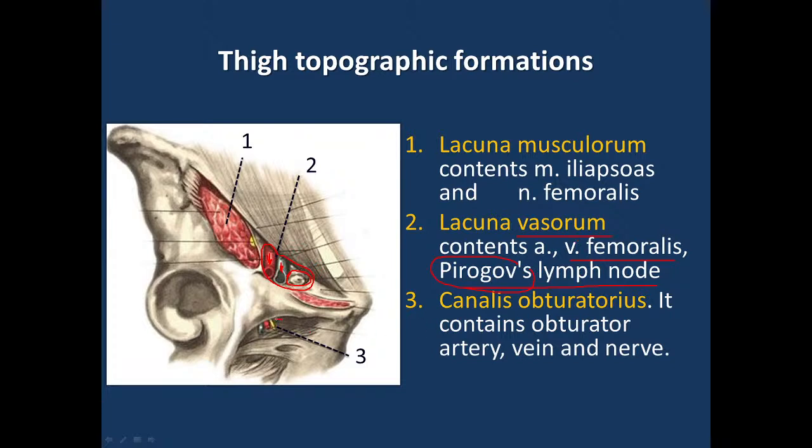And the obturator canal. This is a small gap in the muscles of the pelvis, and it also contains a triad: artery, vein, and nerve.